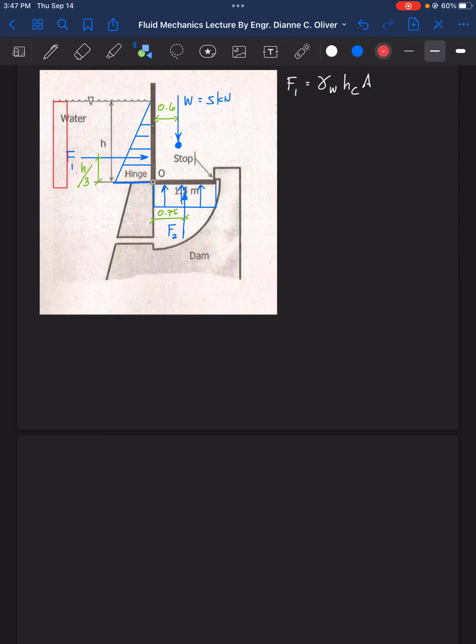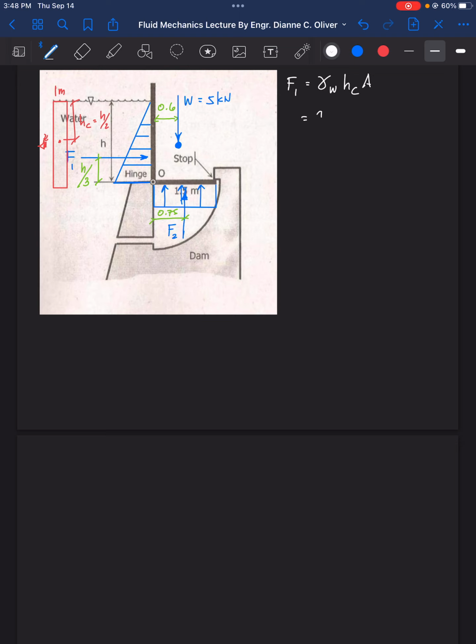This is the projected area as seen from the side view, in every 1 meter. This is height H. Therefore, our HC is equal to H over 2.